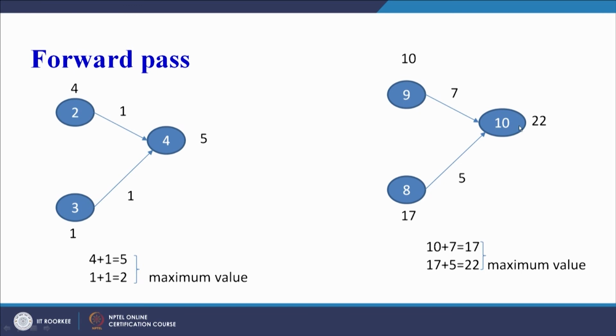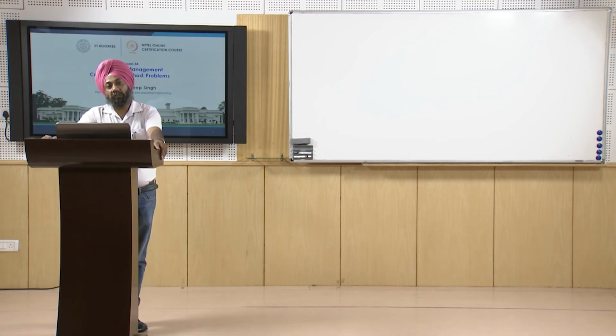So maximum is 22. So we will take 17 plus 5, 22, as our final value. So if we do the calculation from left hand side to right hand side, we will be taking the maximum value of time at any node. So this way we have calculated at the last node that 22 days are required for the completion of this project. Now what is the next thing that we have to calculate?